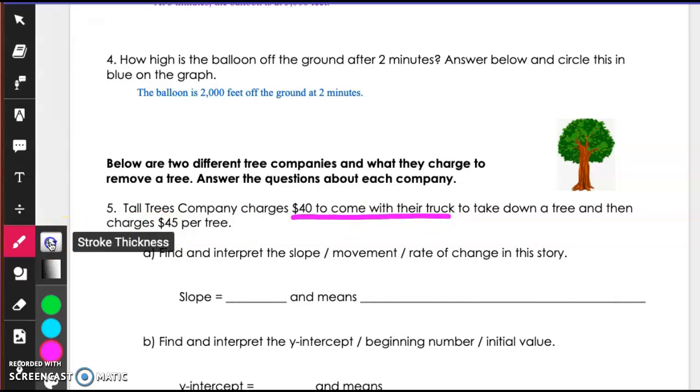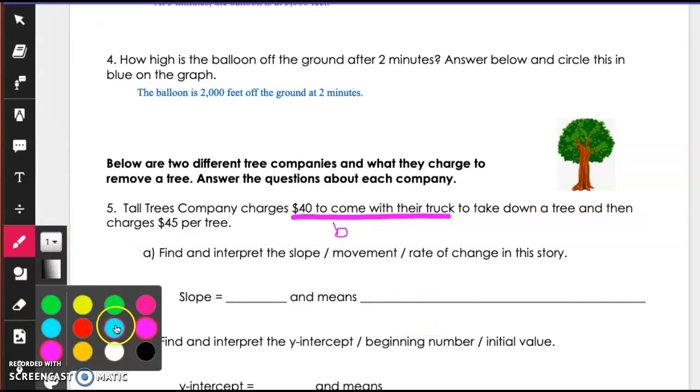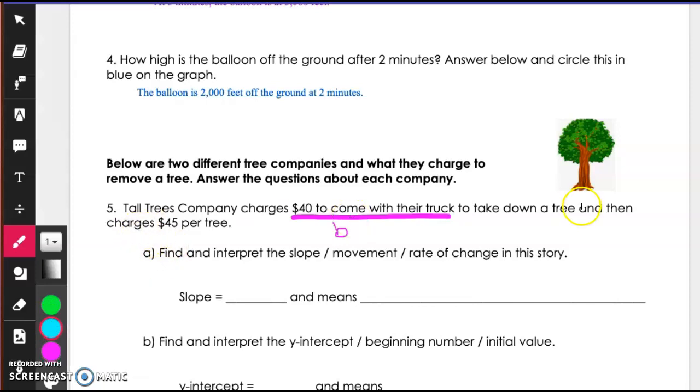They're showing up right away. That's our beginning. And then let's use blue. Then charges $45 per tree. So 1 tree, then 2 trees, then 3 trees. That's the movement of our story. It keeps us moving. That would be M.